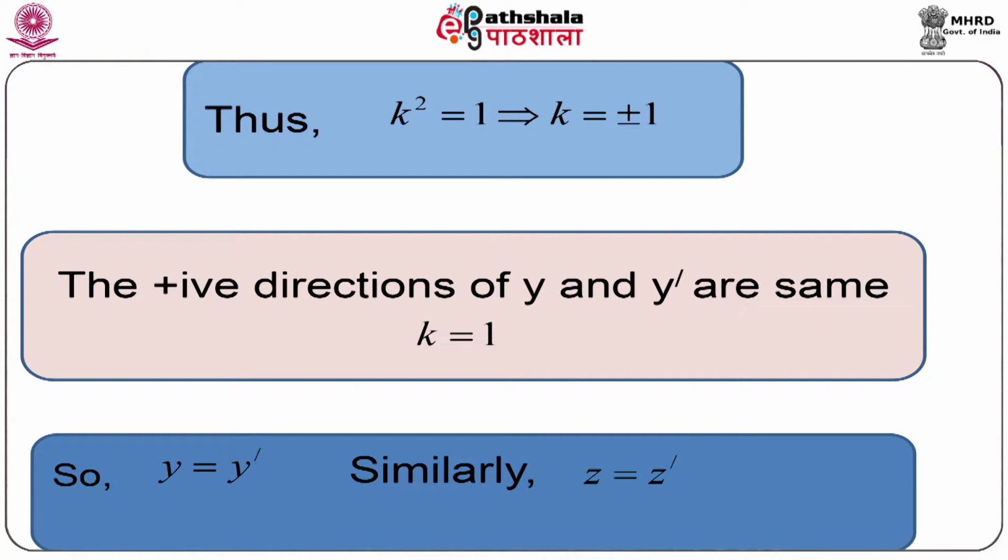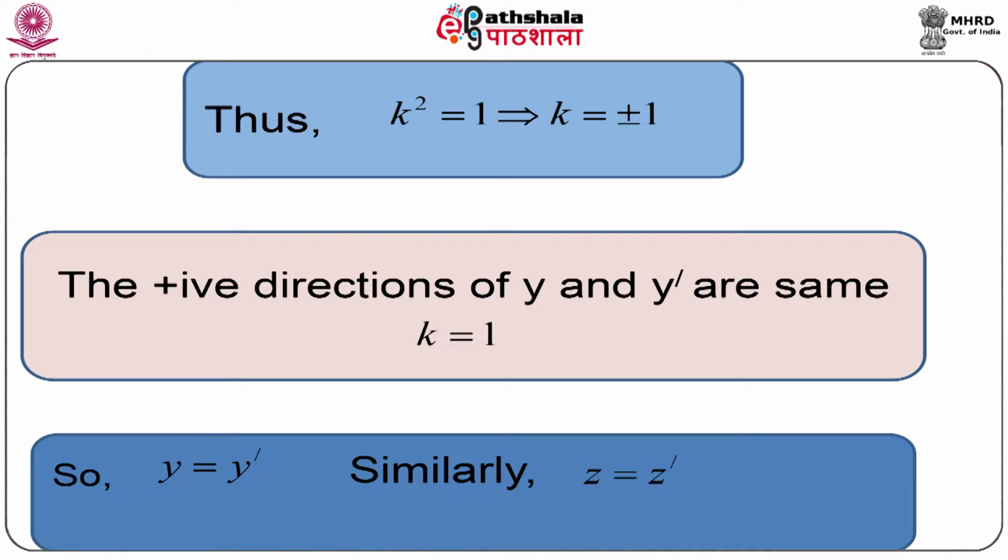Now, let us consider all those points in frame S' which form a plane y' equal to constant. If we take the constant as a', and considering the plane parallel to x'z' plane, these points will also form a plane y equal to a, which is again constant in S parallel to xz plane.